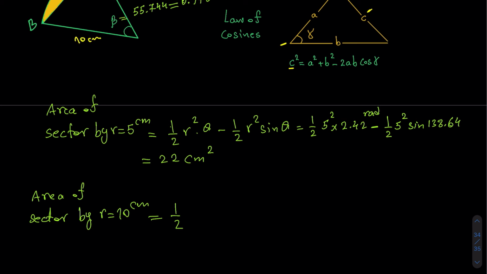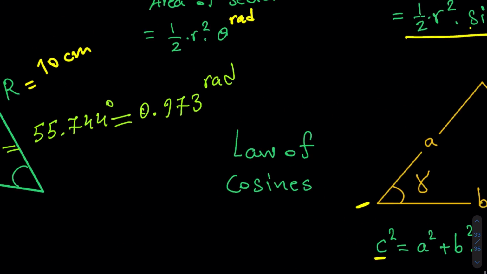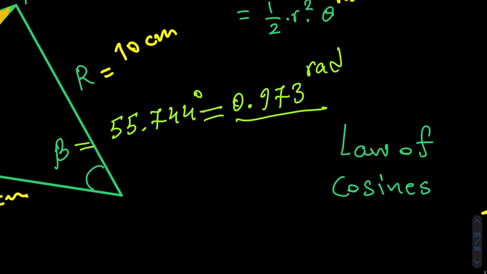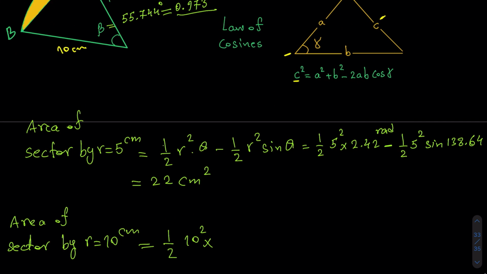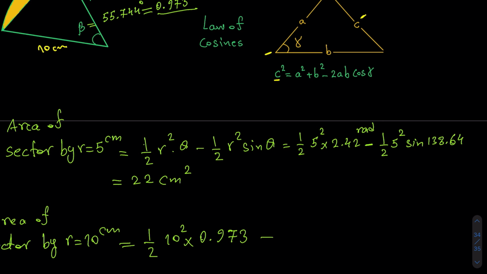I will only plug the numbers into the formula: 10 to the power of 2, the radius, times the angle, which must be in radians, this beta, 0.973, and minus, I need to deduct the area of a triangle from that, which is a half of 10 squared times sine 55.74 degrees.